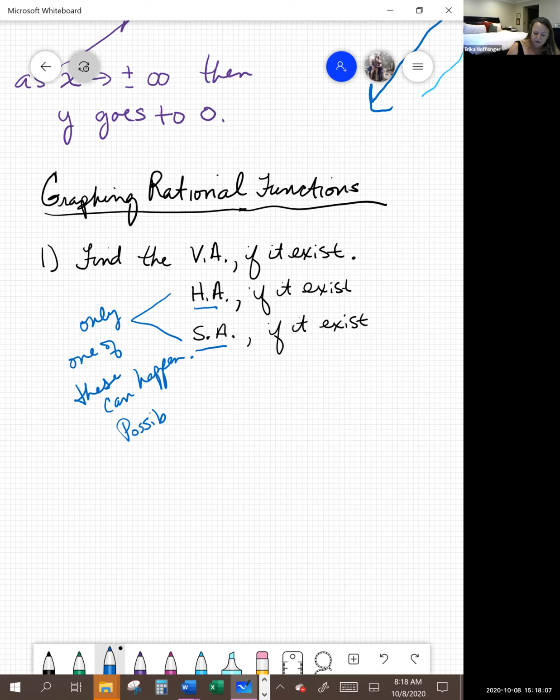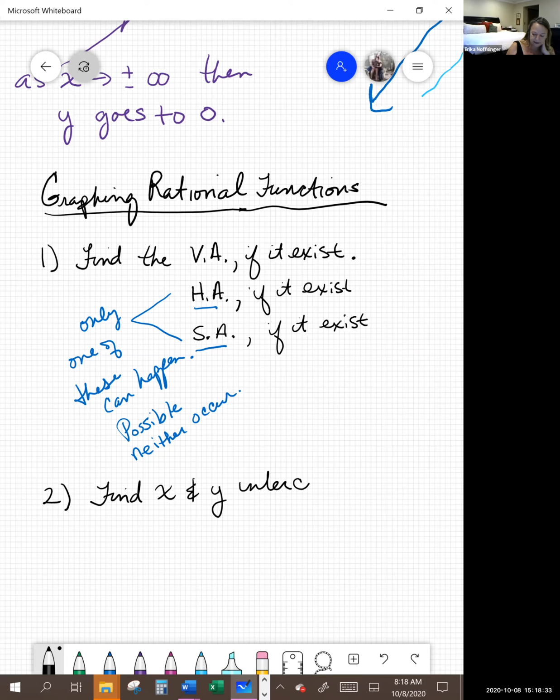It's possible neither happens. Okay, so once you've found those asymptotes, then find your intercepts. So find your x and y intercepts, again, if they exist.